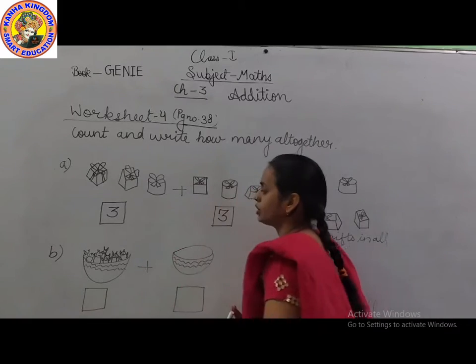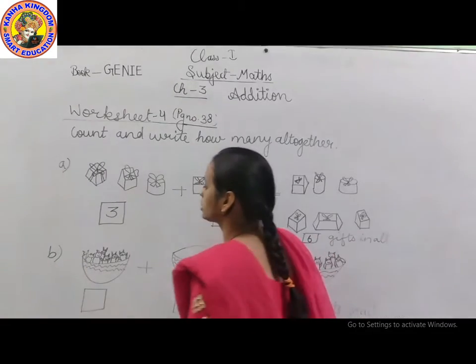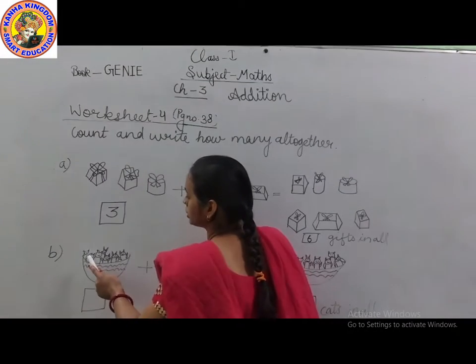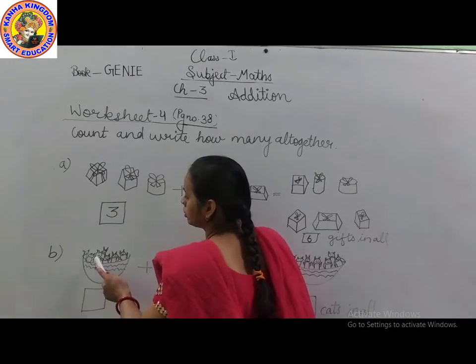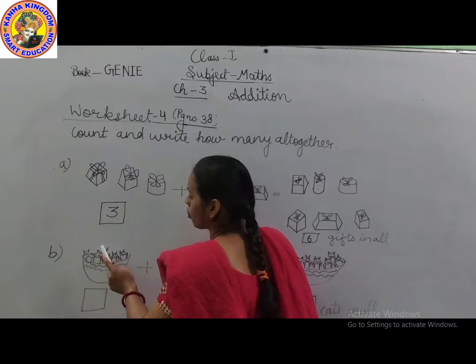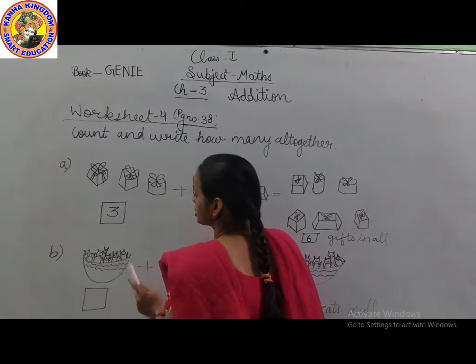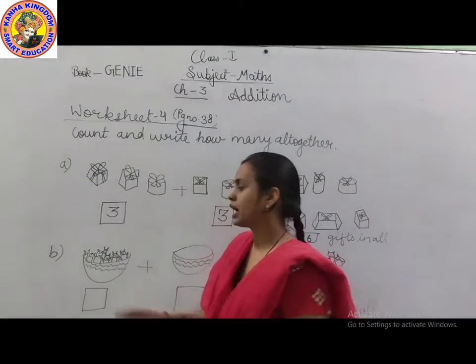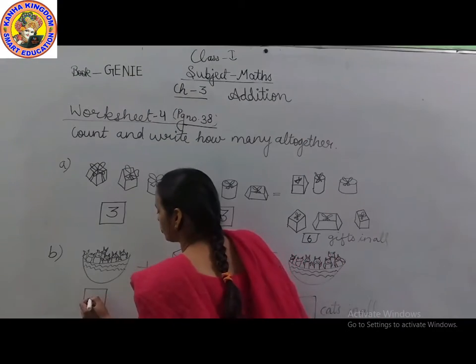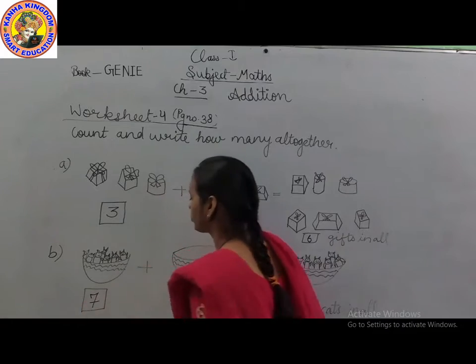Now in the second drawing, how many cats? 1, 2, 3, 4, 5, 6, 7. So we write here 7.